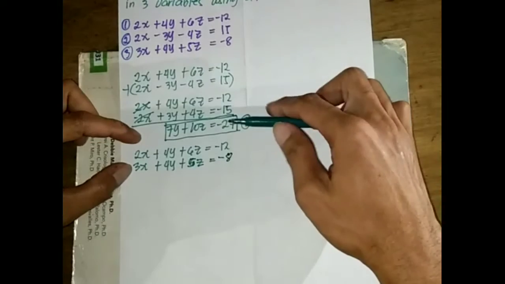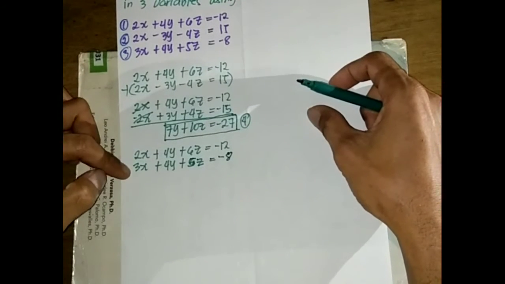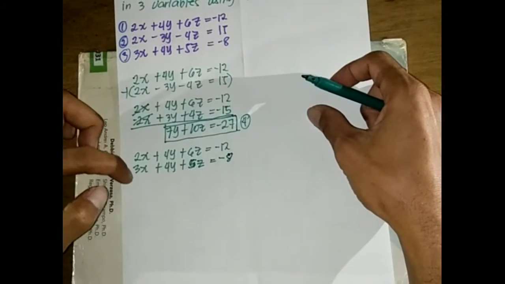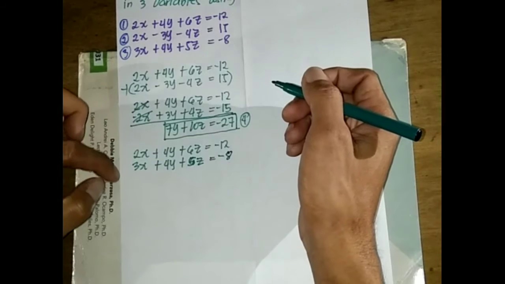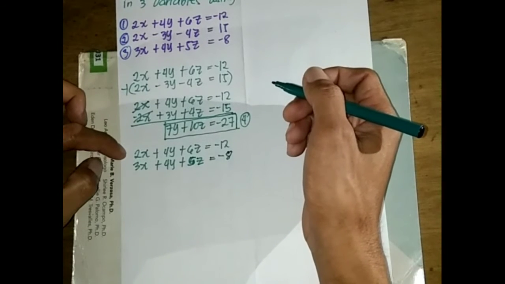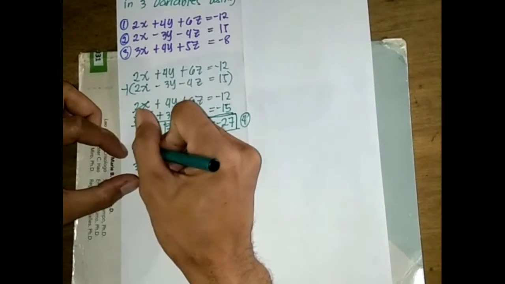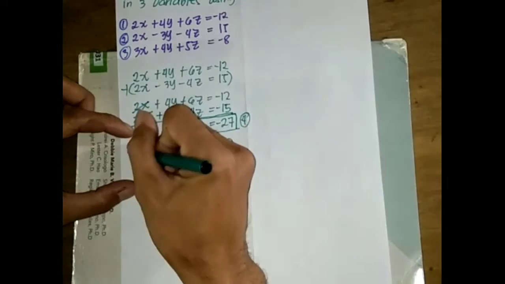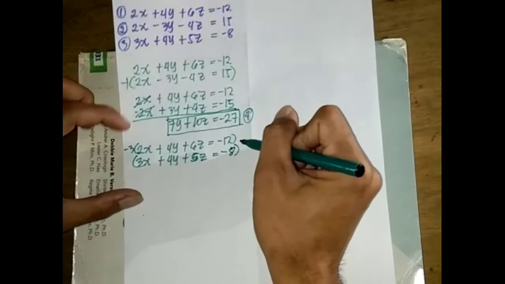So, para matanggal natin, dapat magkaparehas yung numerical coefficient pero magkaiba yung kanilang sign. So, para magkaroon tayo ng parehas na coefficient pero magkaiba na sign, we will multiply equation 1 by negative 3, then equation 3 by 2.